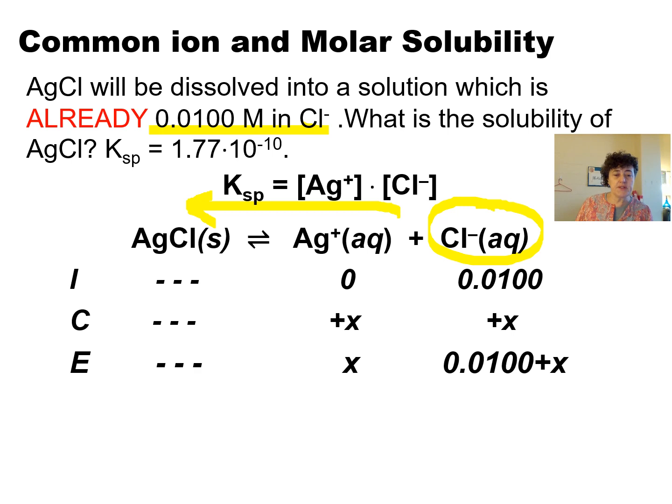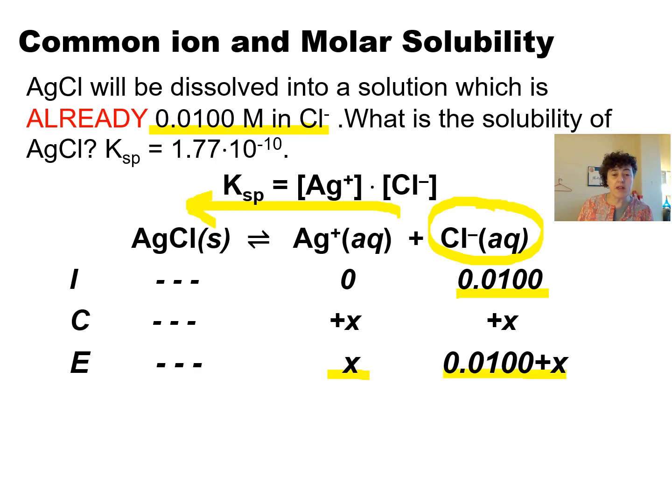Differently from what we've seen before, now the initial concentration of the chloride is different from 0, because there is already some chloride from a different source. So when we are calculating the concentrations at equilibrium, we're going to have two different values.